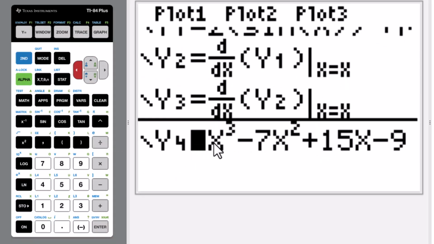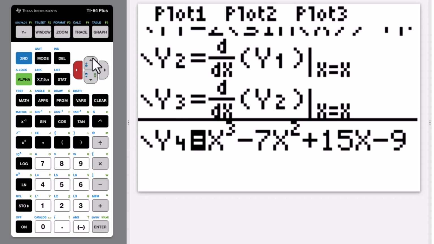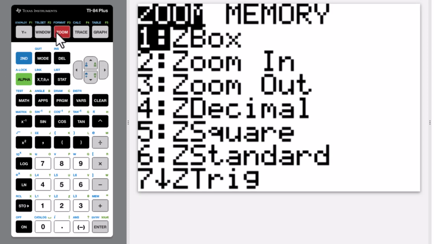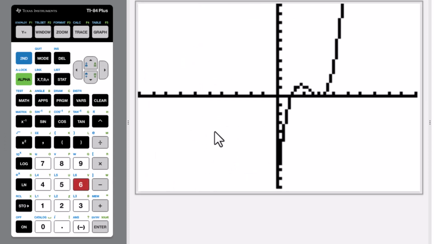So we will put x to the third power minus 7x squared plus 15x minus 9. Remember, unhighlight y1, y2, y3 so that only y4 is sketched on the graph. We need to change the window. Let's go to Zoom 6 to see how the graph looks.